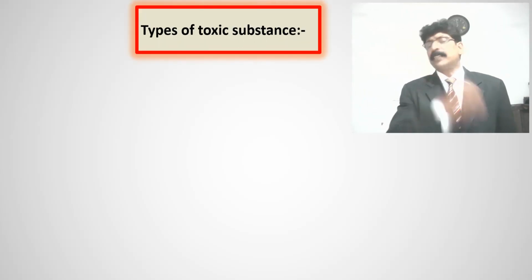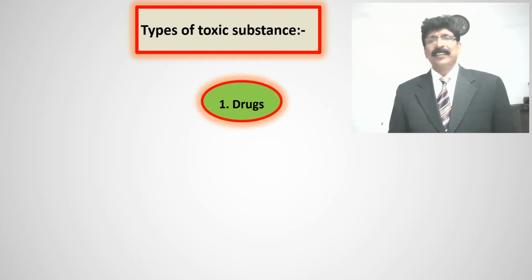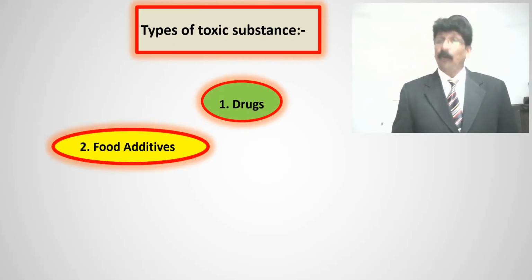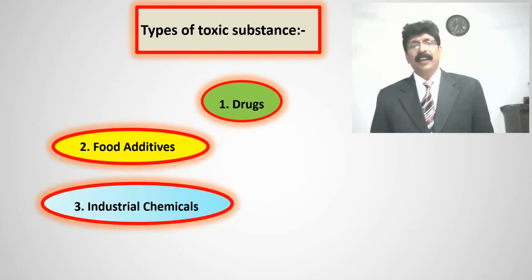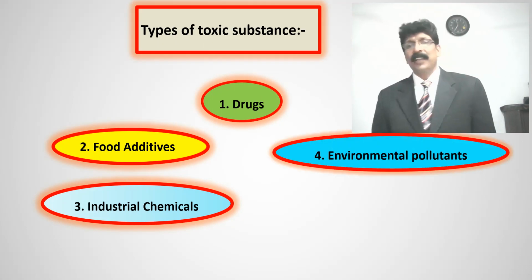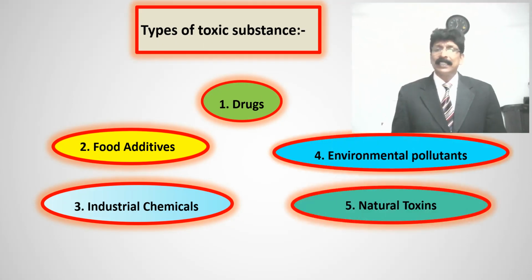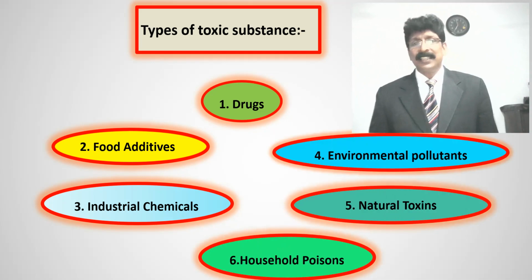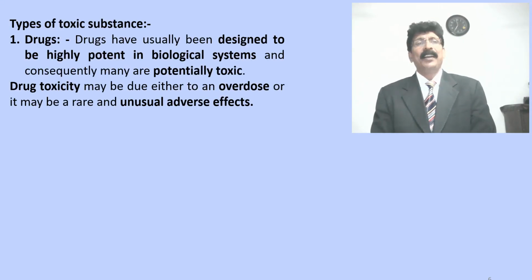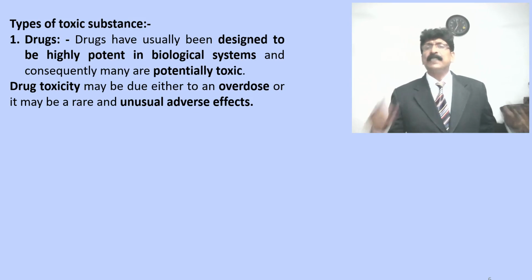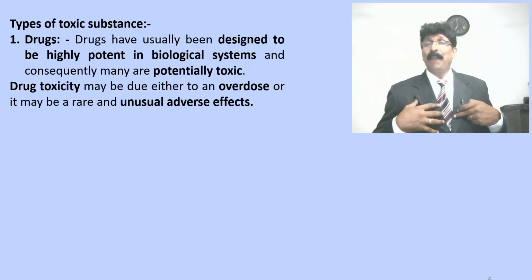Types of toxic substances: drugs, food additives, industrial chemicals, environmental pollutants, natural toxins, household poisons. So types of toxic substances: first, drugs. It's in our subject.